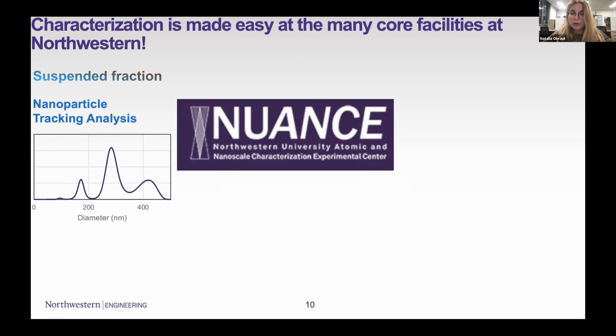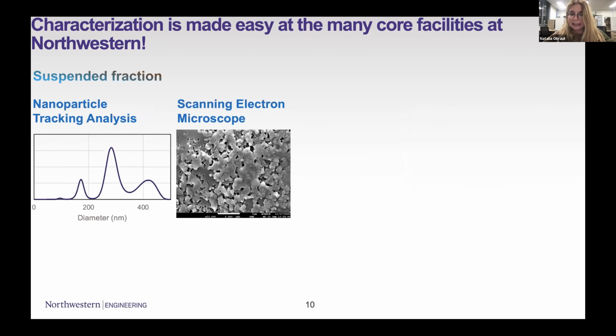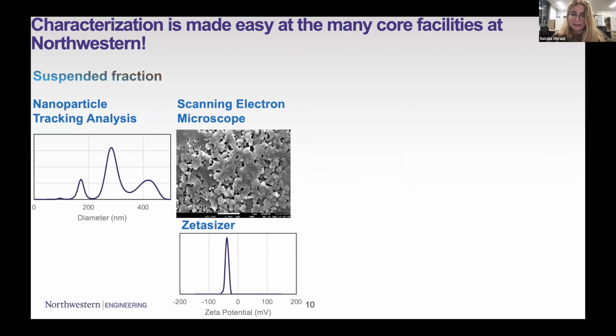I've also used Nuance, which houses a scanning electron microscope. From there, we can visualize our lignin and also see the shape of it, as well as a zeta sizer, which measures the zeta potential, which gives us a stand-in for the stability of the particles.